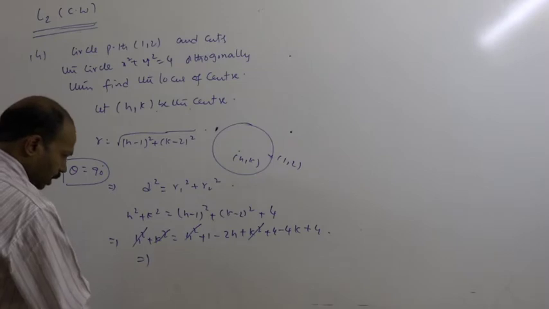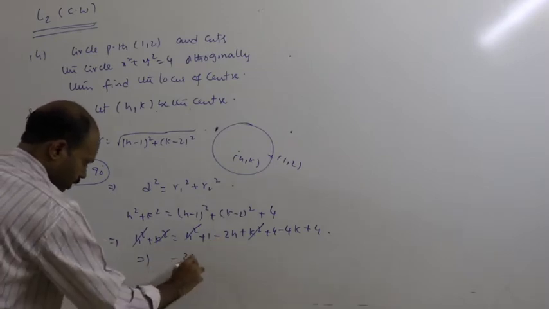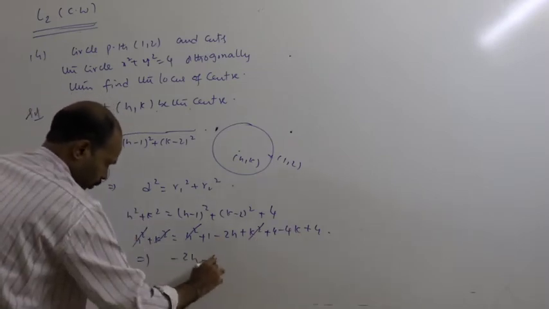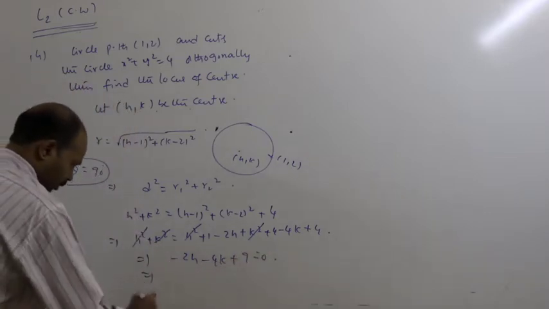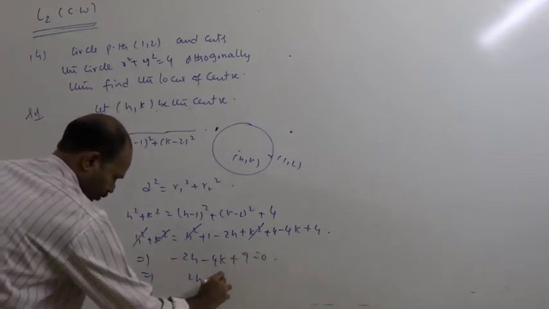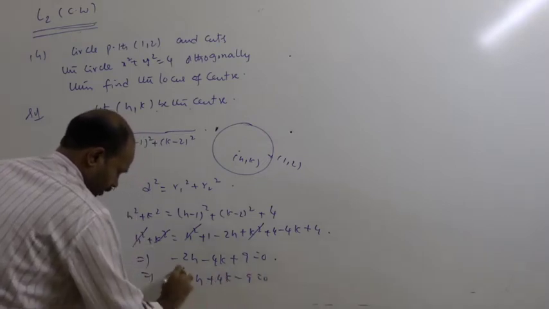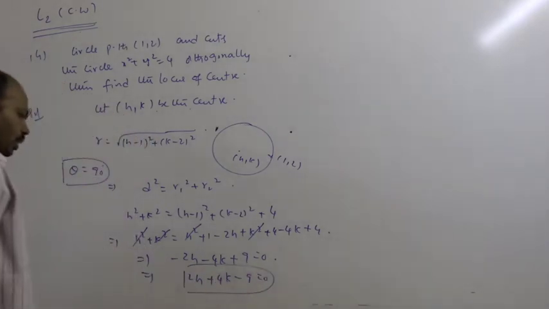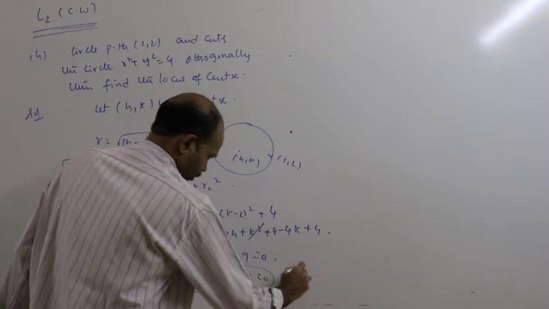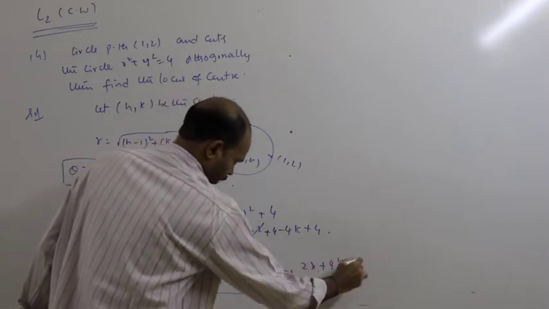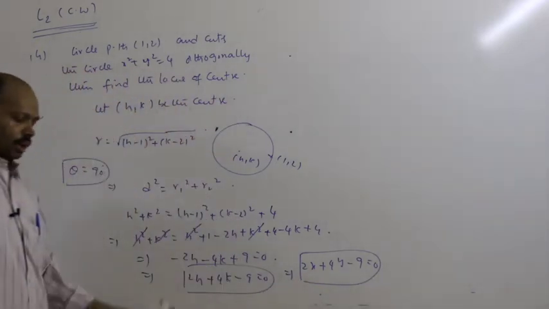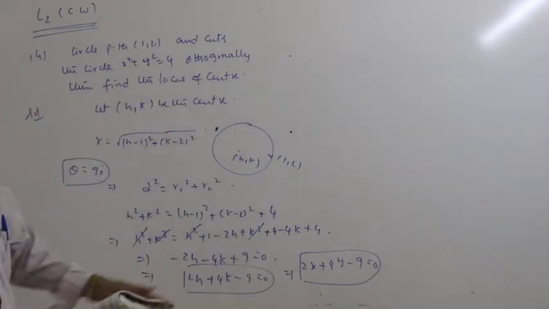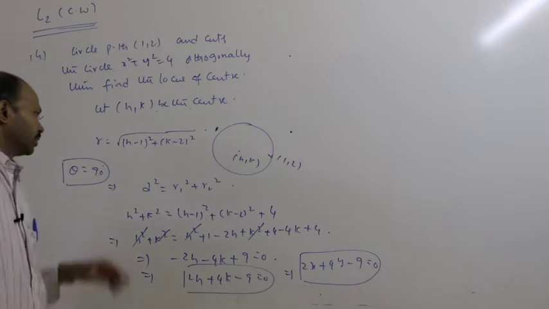Then it follows that minus 2h minus 4k plus 9 is 0. Multiplying by minus 1, 2h plus 4k minus 9 is 0. Therefore, the locus of h comma k is 2x plus 4y minus 9 is equal to 0.